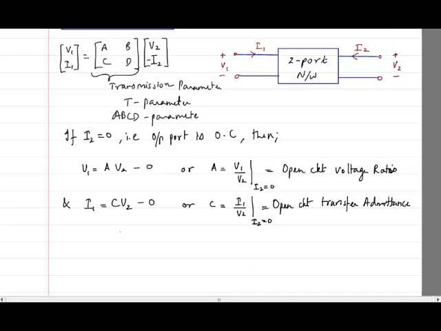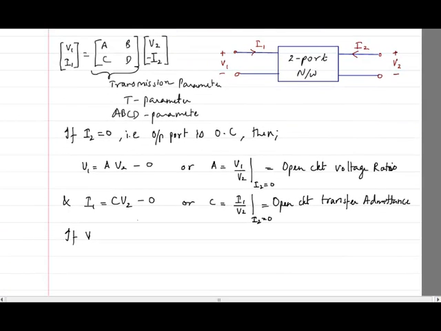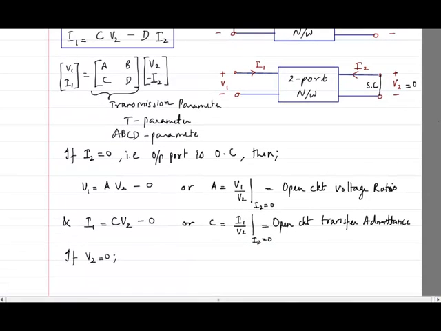Next, in the first equation, if I make V2 equal to 0, how do I make V2 equal to 0? For making V2 equal to 0, I have to short circuit the output. In the previous case, I2 was becoming 0 when it is open circuited. Here, V2 is going to be 0 if it is short circuited.